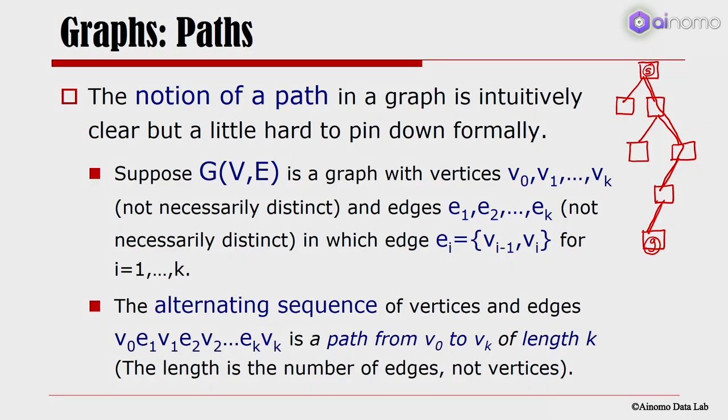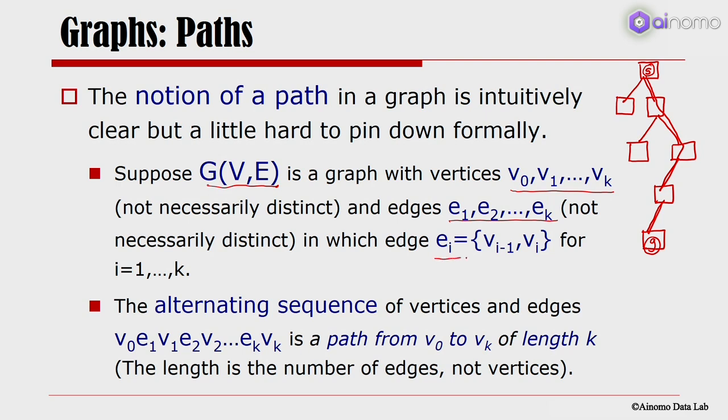So suppose I have a graph which is a set of vertices and edges, and I have vertices V0, V1, V2, V3 up to V sub k, not necessarily distinct, and I have edges E1, E2, and so forth up to E sub k, not necessarily distinct.